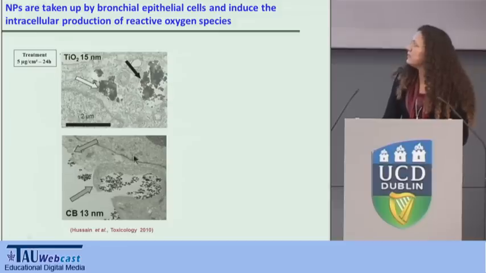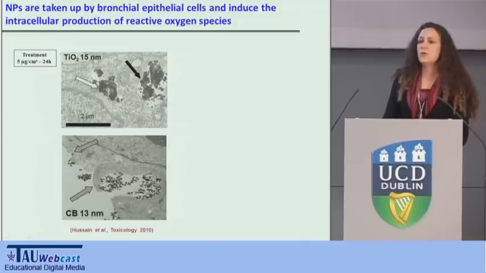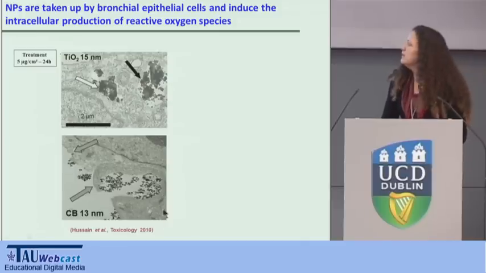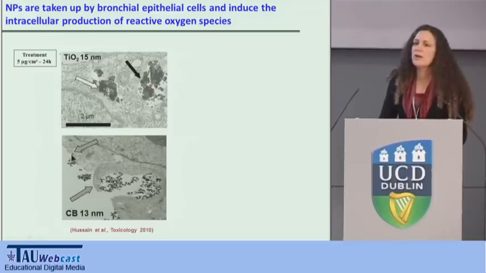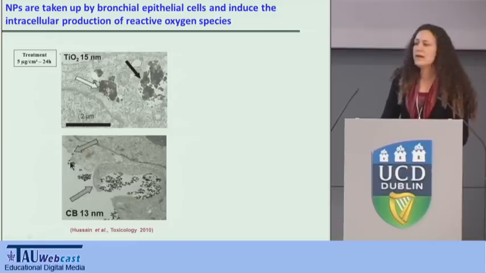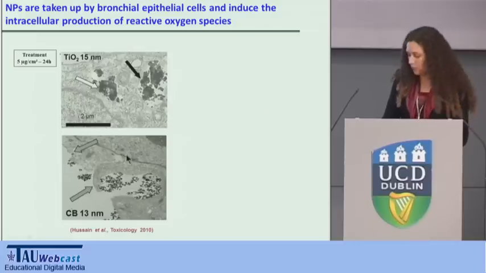Both types of nanoparticles mostly form aggregates, which are quite loose, but could be very important agglomerations. Sometimes you can also see individual or very small aggregates taken up by the cells, and it's mostly these small aggregates which could even enter the nucleus, especially for the carbon black nanoparticles.